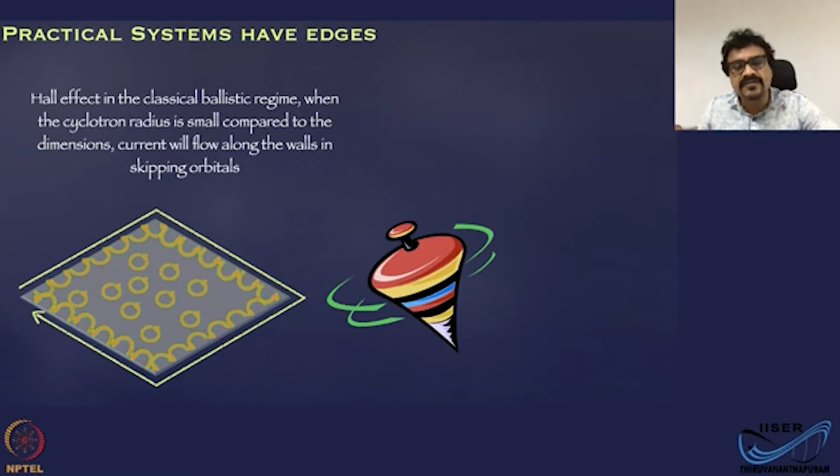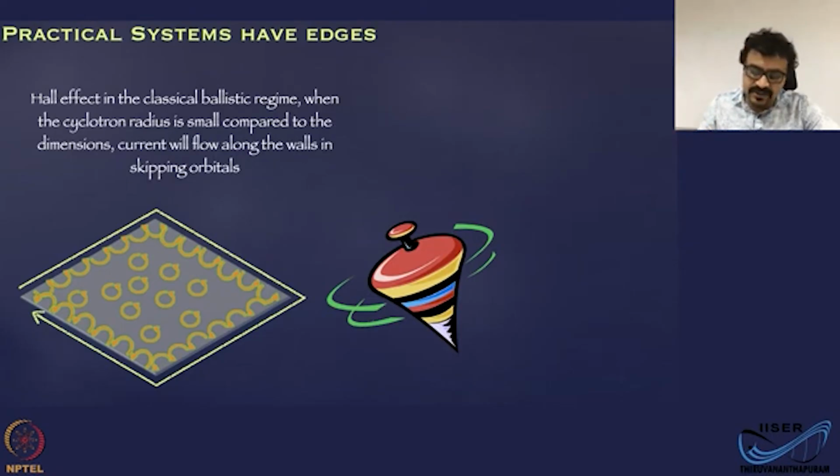Those are systems with finite dimensions, finite width and finite length. So when you consider the system with a finite dimension, then classically you can arrive at an interesting situation in the classical ballistic regime, that is the situation where you have edges or edge states or skipping orbitals.